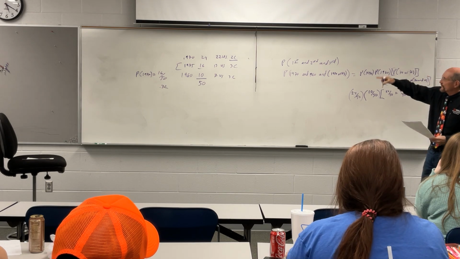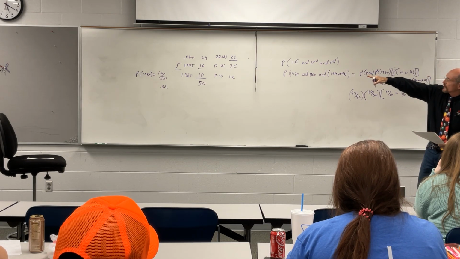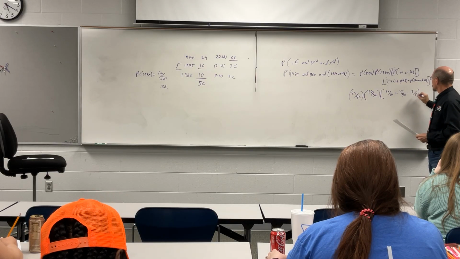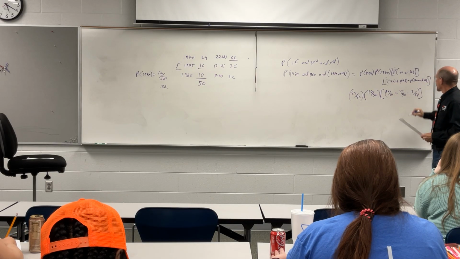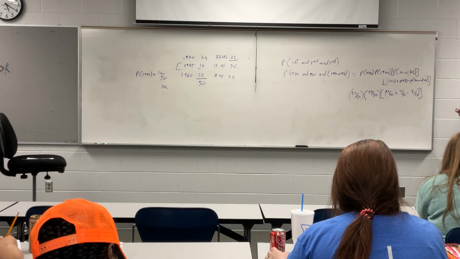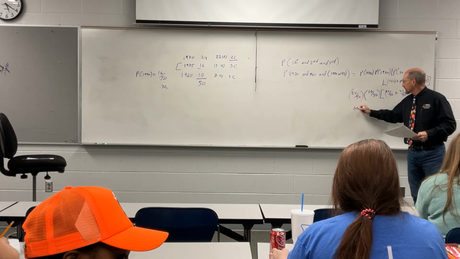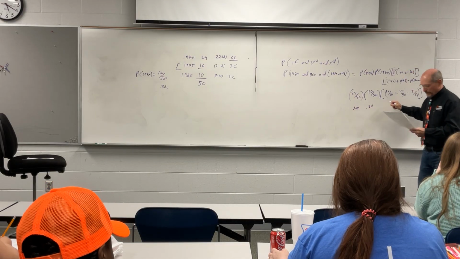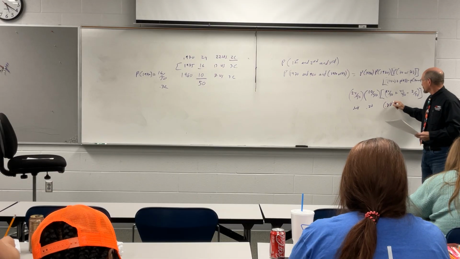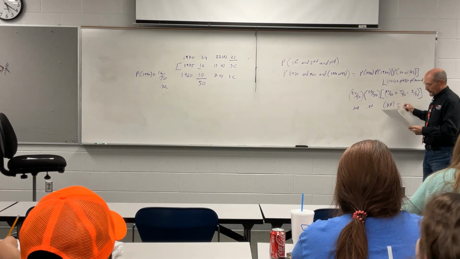Minus probability of US and 1970, which is 2. So that's the way that one sets up. And from there it's just doing the math. This works out to be like 0.48, this works out to 0.20, this is 0.88 in the brackets. So when you multiply those 3 together, you get a value of 0.0845.